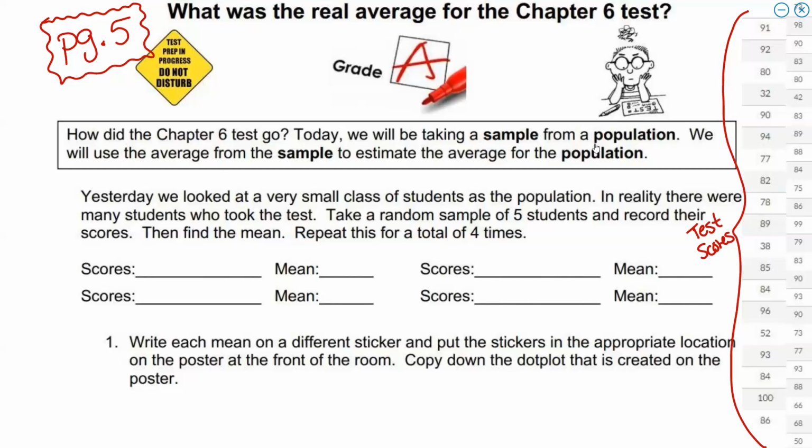All right, so what does each dot on the poster represent? What do each one of these dots represent? A mean of 4 scores?